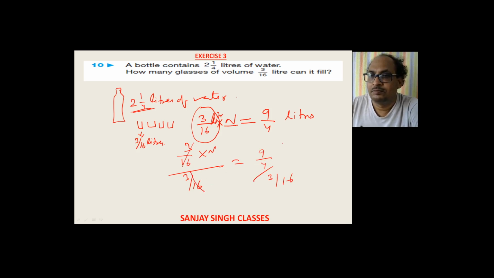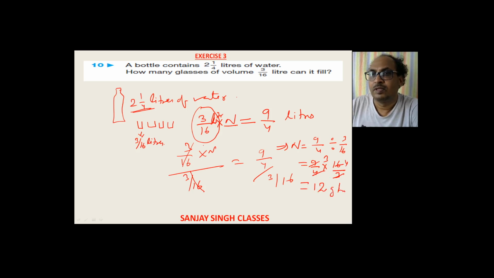We will get n on the left hand side, and here 9 by 4 divided by 3 by 16, so 9 by 4 into 16 by 3. So 3 3s are 9 and 4 4s are 16. So it will give us 12 glasses. So n will become 12. Our answer is n equal to 12 glasses.